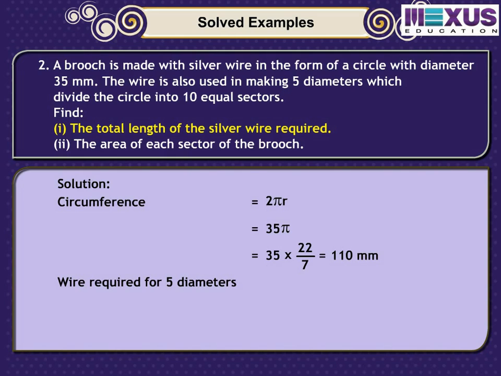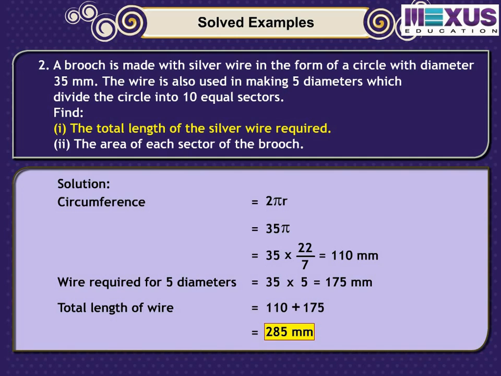Now for making 5 diameters, it will be 35 into 5, which will be 175 millimeters. So the total length of wire required would be 110 plus 175 equals 285 millimeters.